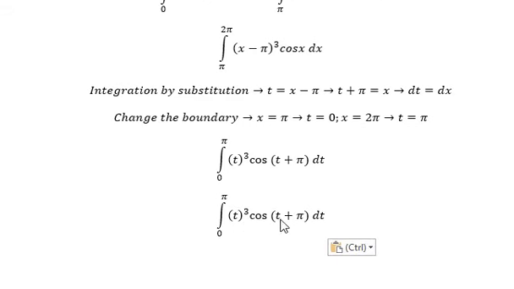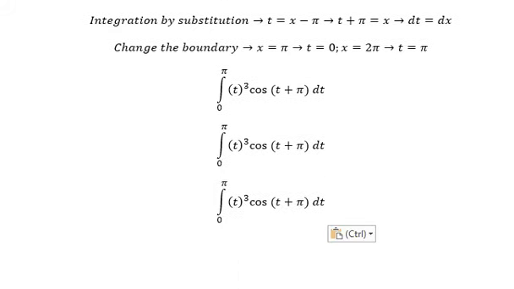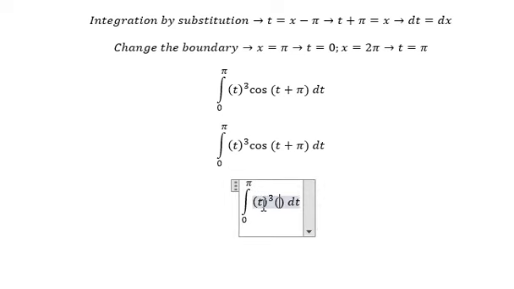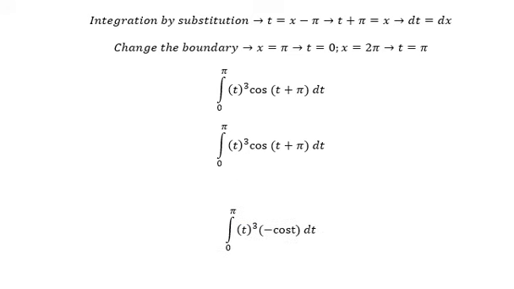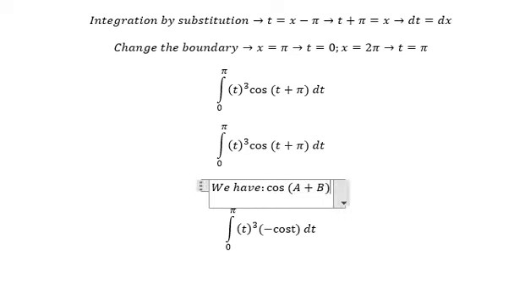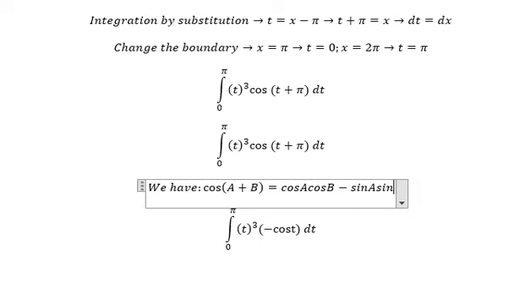We know that cosine of t plus b in here, we will get negative cosine t. How can I get negative cosine t? We have the formula in here. Cosine of a plus b equals cosine a cosine b minus sine a sine b.